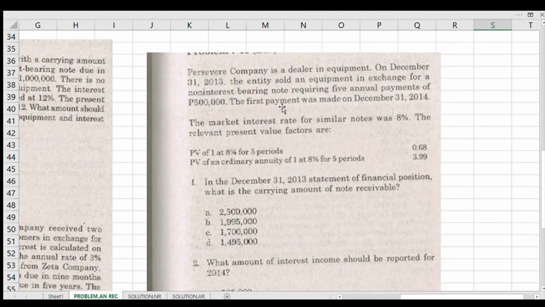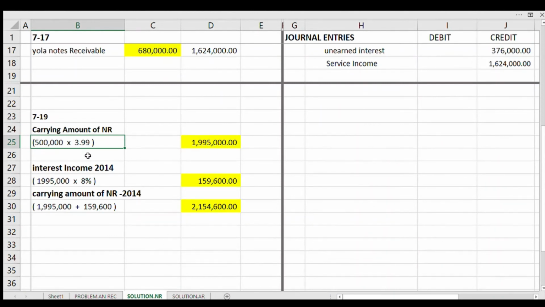Please take note, the very first payment is going to be made in the coming year, after 2013. That's why we consider it. So 1,995,000. Let us see the entries.